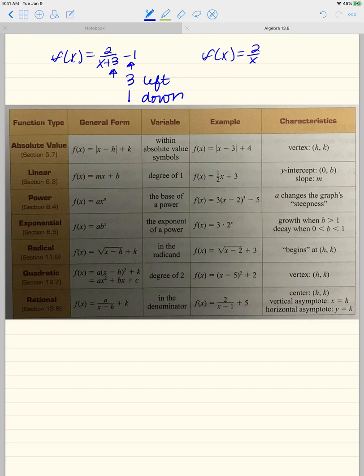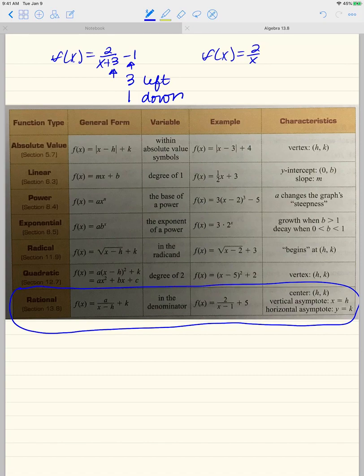The table below summarizes the families of functions studied in this course and their key characteristics. So you're going to come back to these functions a ton in Algebra 2, okay? And as you continue to move on in your math career. But of all these functions, the one we're really focusing on for this section is this right here.